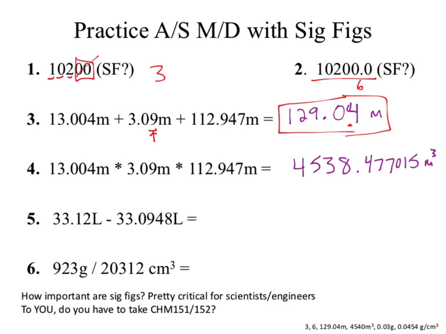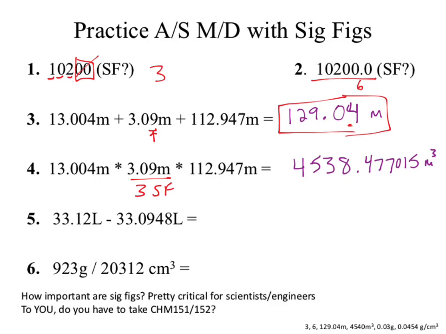Okay. Question number 4, we punch into the calculator, we get something along these lines. Again, you've proven your ability to punch into a calculator. That's not what this class is testing on. It's the next step, which is sig figs. Sig figs says 3 sig figs.